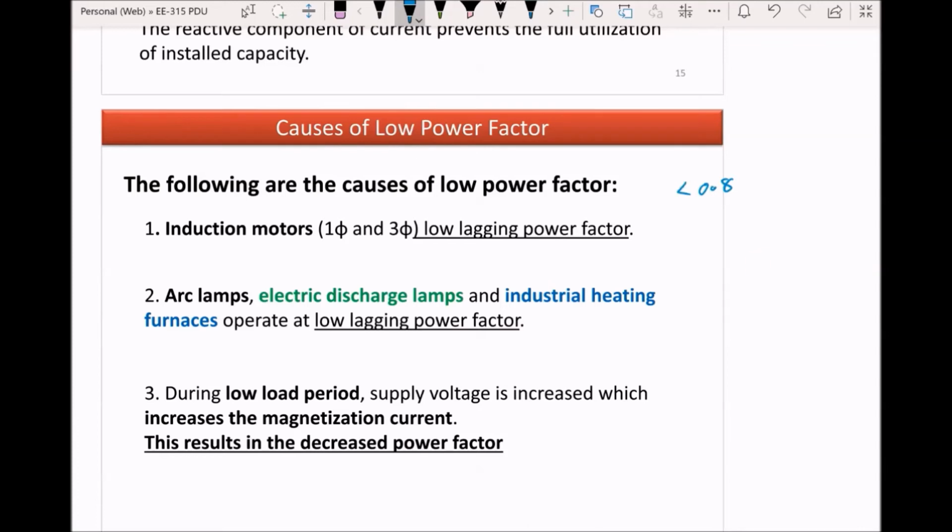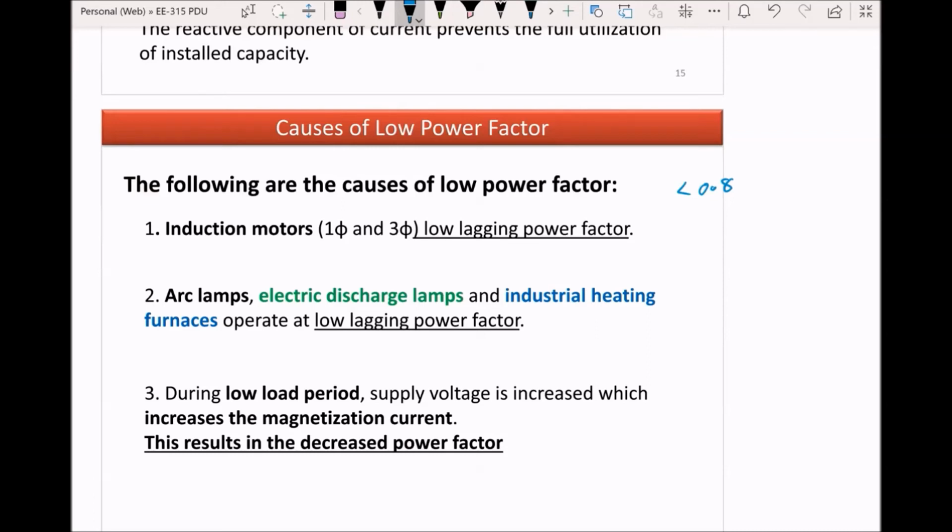Also, from an economic point of view, a low power factor is generally undesirable, because it can make things complicated, and the equipment gets bigger, and with higher rating it becomes expensive and inefficient.